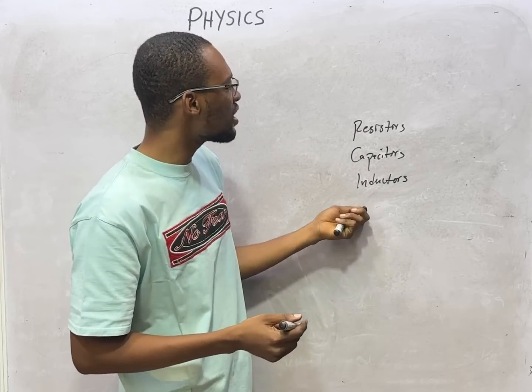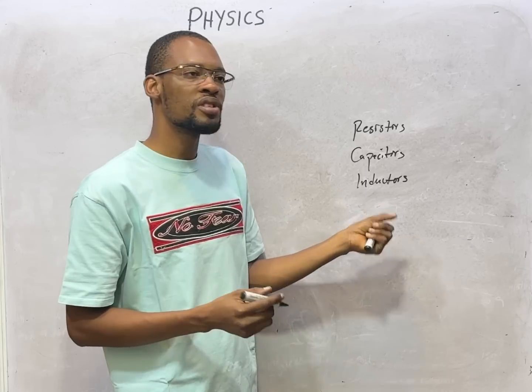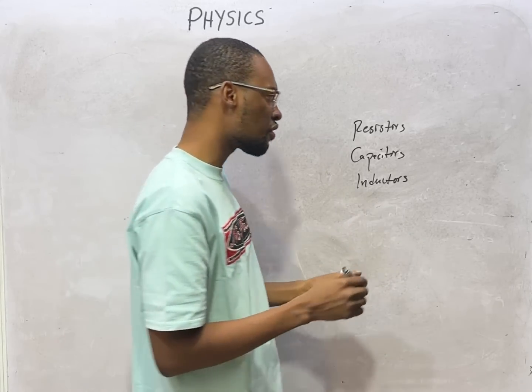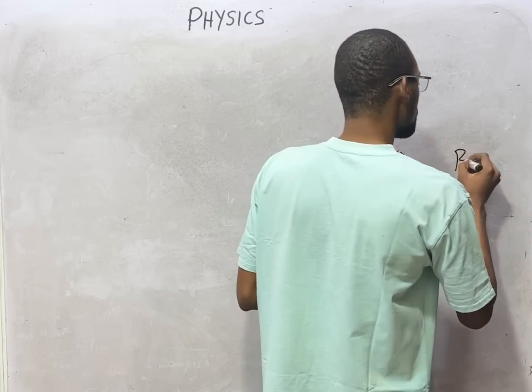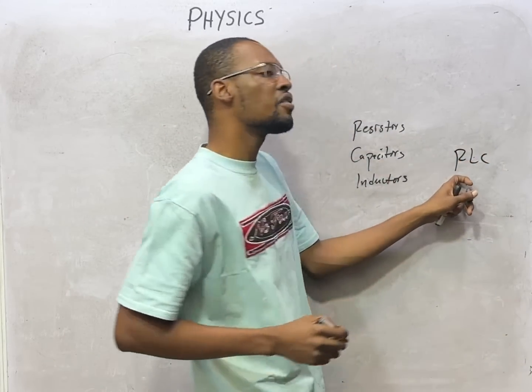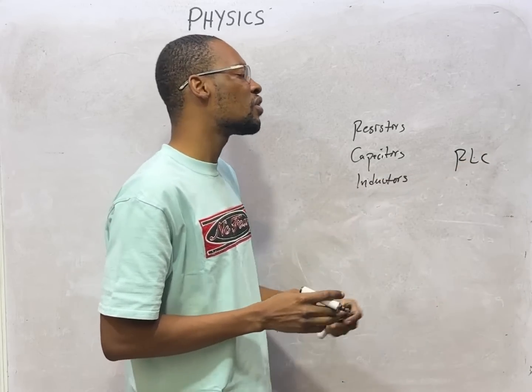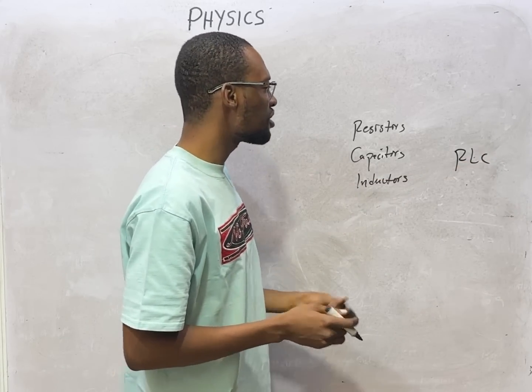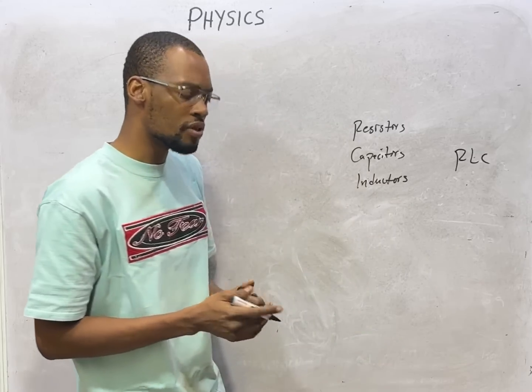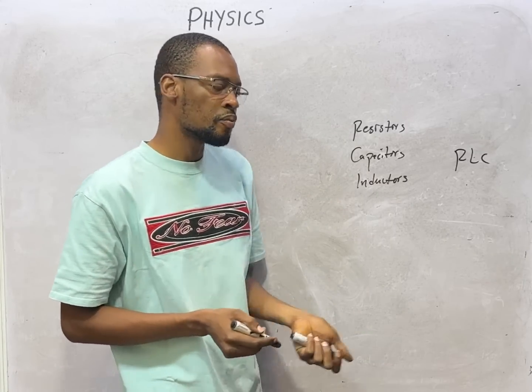A circuit where capacitors, inductors, and resistors are opposing the flow of current, we call those RLC circuits. R for resistance or resistor, L for inductor, C for capacitor. Resistor opposing the flow of current, we call that resistance.